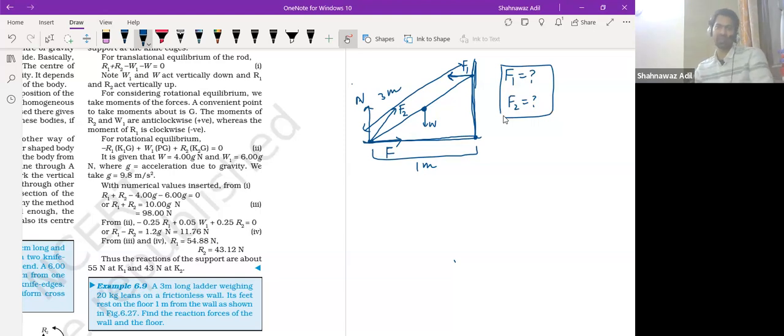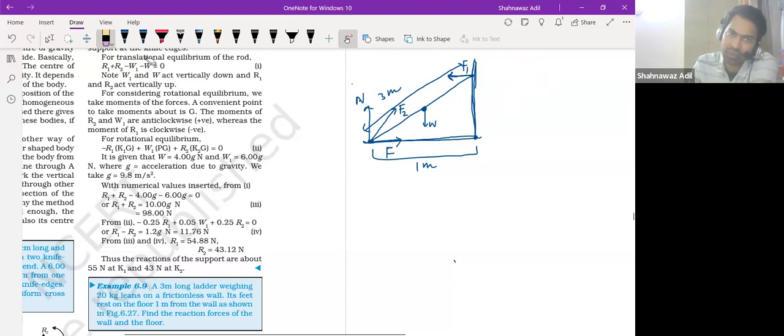Okay. So did you guys understand the diagram? Yes, sir. Yeah. So this is 1 meter and this is 3 meters. So how much would this be? We have to find out F1 and F2, right? This is 3 meters, this is 1 meter, so this would be root of 3 square minus 1 square.